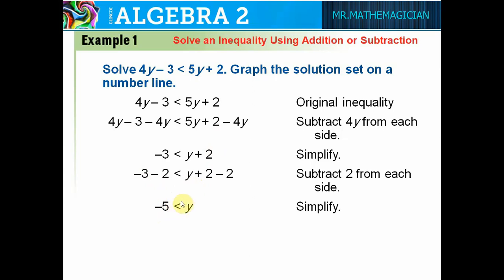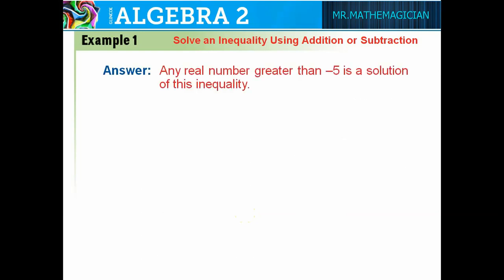It means negative 5 is smaller than y, or you can say y is greater than negative 5. So the answer: any real number greater than negative 5 is a solution of this inequality.